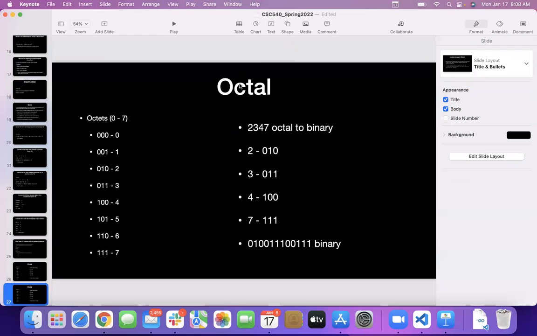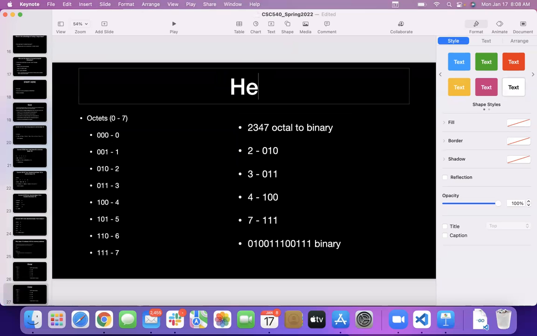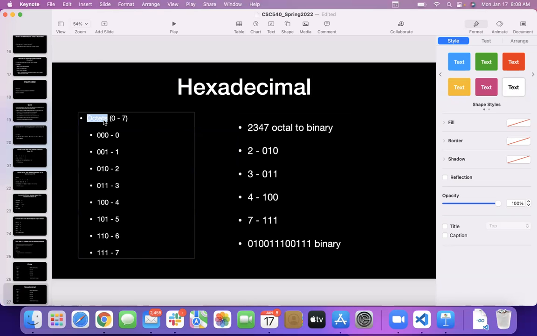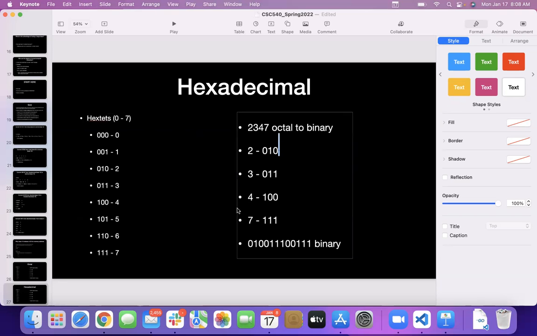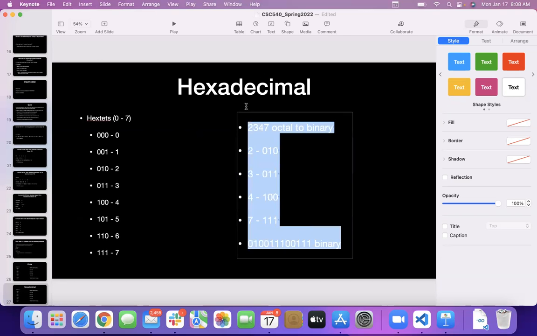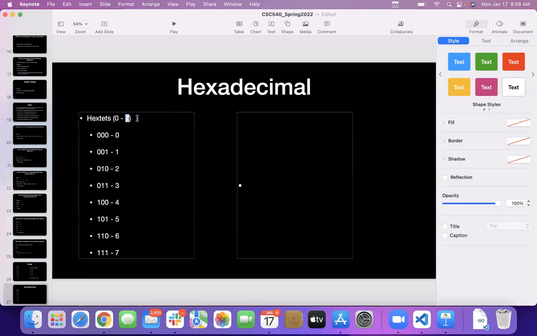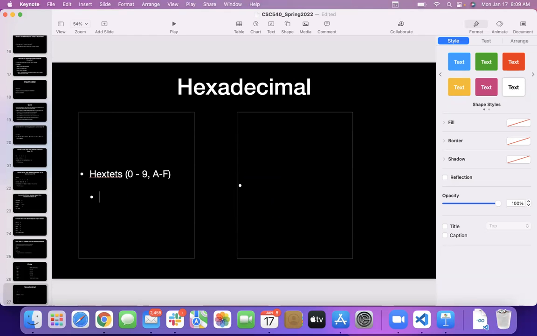Similarly, hexadecimal. So my hextets are 0 through 9 and A through F. And we can represent these in 4 bits.